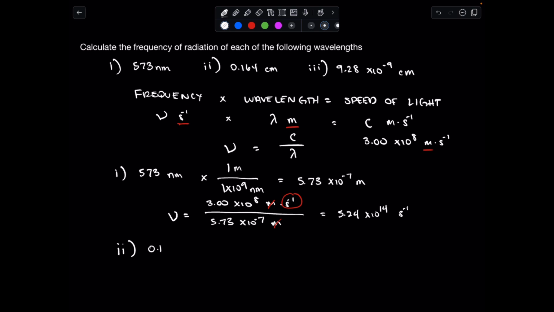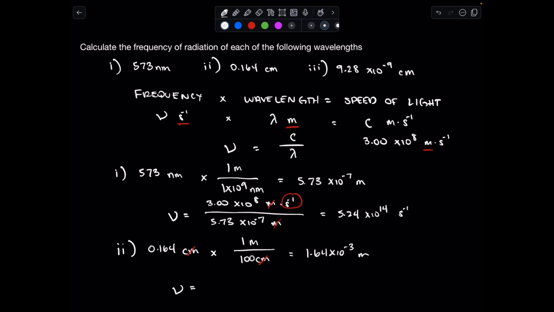Now let's do number 2. In this case, it is 0.164 centimeters. Again, we need to convert this into meters. This time we'll use 1 meter over 100 centimeters. Again, doing the algebra, centimeters, since they're here and here, will cancel each other out, leaving us only with meters, which is exactly what we want. This comes out to 1.64 times 10 to the minus 3 meters. Again, we can plug this into our formula.